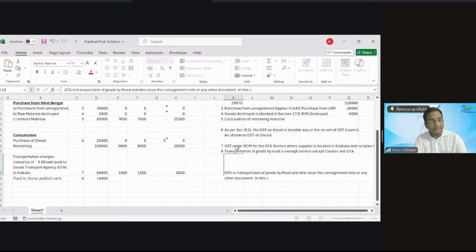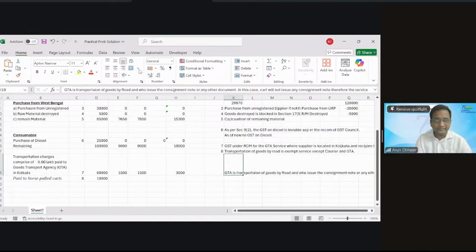In this case, the cart will not issue any consignment note. Therefore, the service is not a GTA service and hence it is exempted in GST.